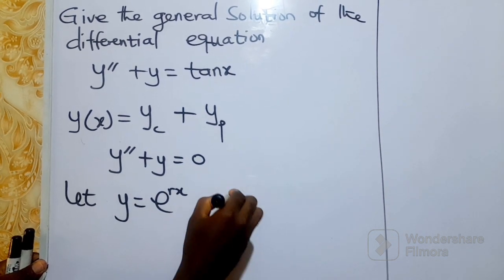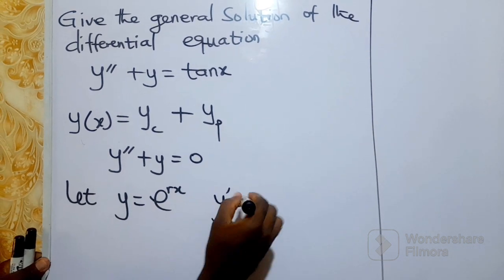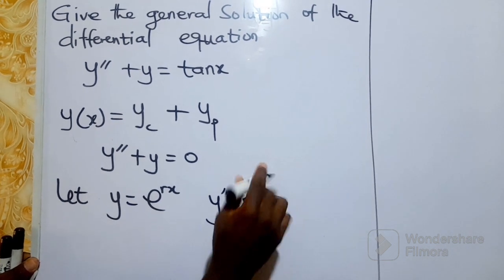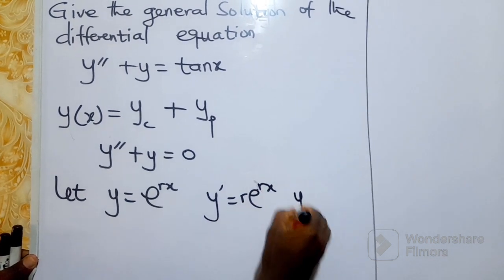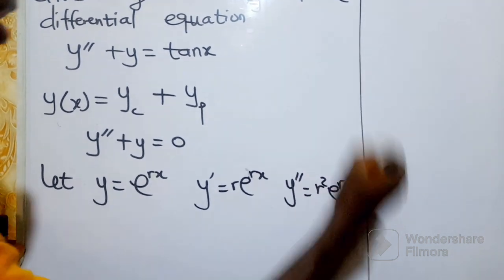So our y prime will be equal to r e to the r x, and y double prime will be equal to r squared e to the r x.